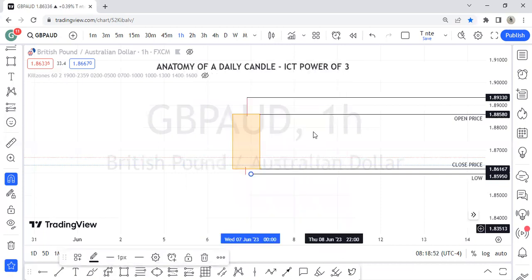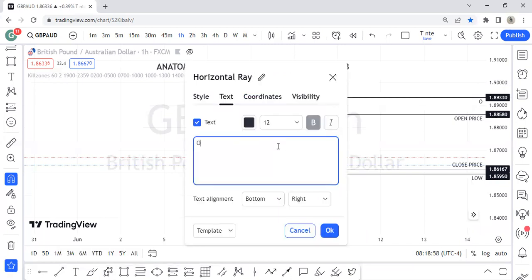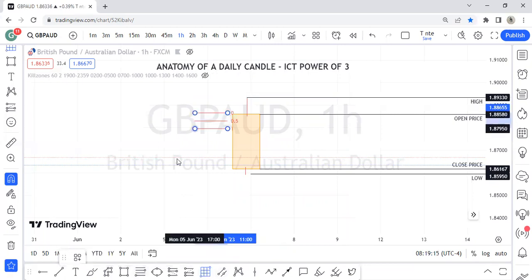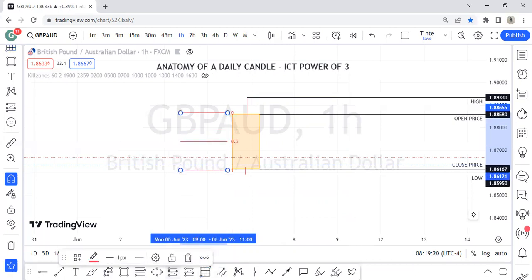And this one is referring to the high of the candle. This is what the bearish candle looks like. The high of the candle and the higher wick, and then from this distance to this point is what we refer to as the body of the candle. So from the open price to that, we now have the body of the candle.